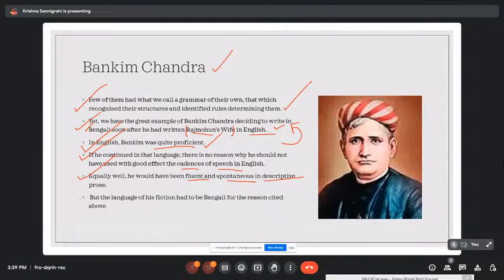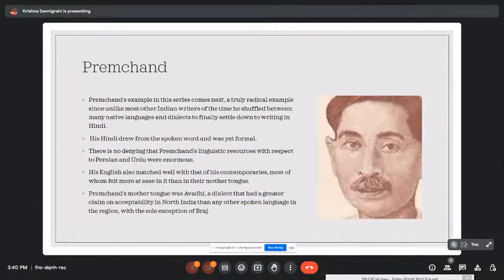But the language of his fiction had to be Bengali for the reasons cited above. So he knew English, he could use English, but as a conscious decision, he went on to use his mother tongue, Bengali. And the language of fiction he used is Bengali, mainly in order to do justice to the Indian languages. Next reference can be made of Prem Chand.